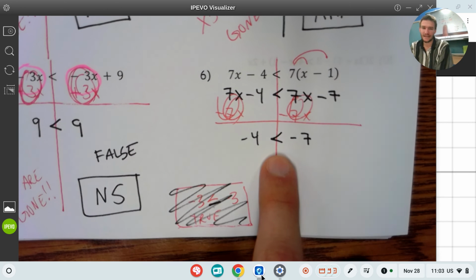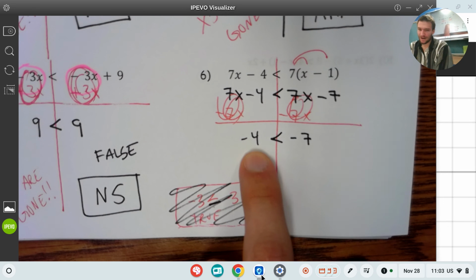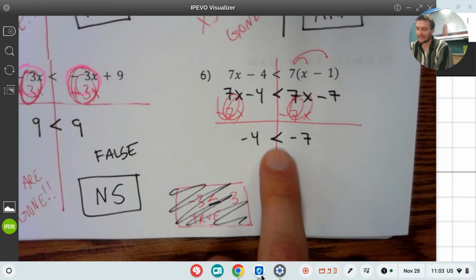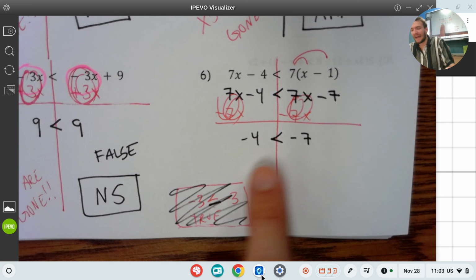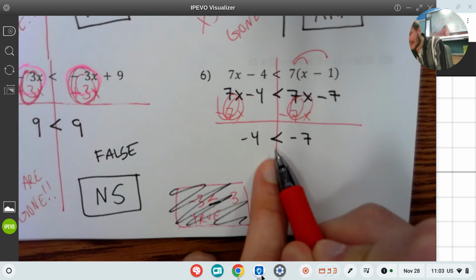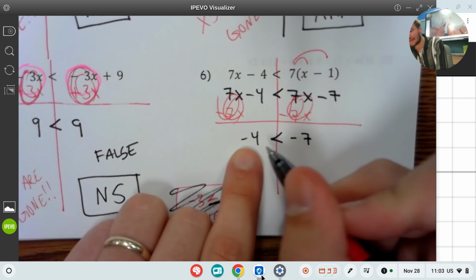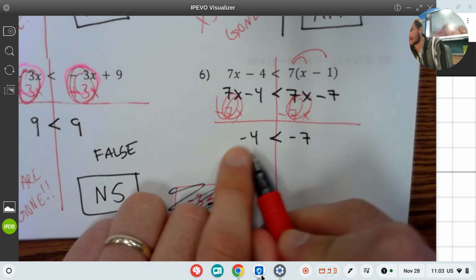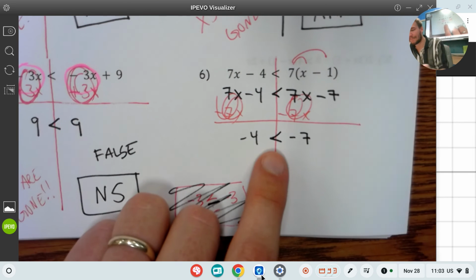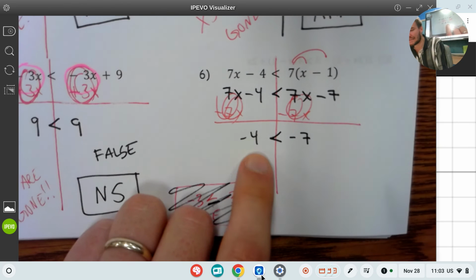This one says that -4 should be less than -7. And is -4 less than -7? I typically think that 4 is less than 7, but if we're dealing with negative numbers, the opposite is true. -4 is actually greater.